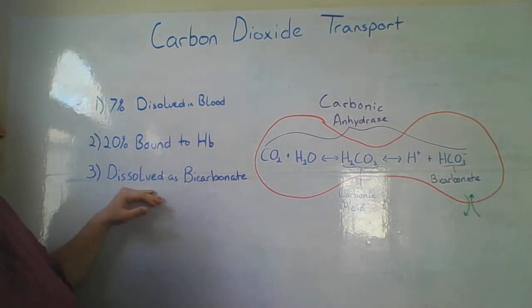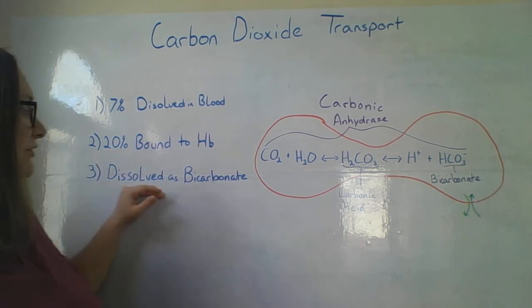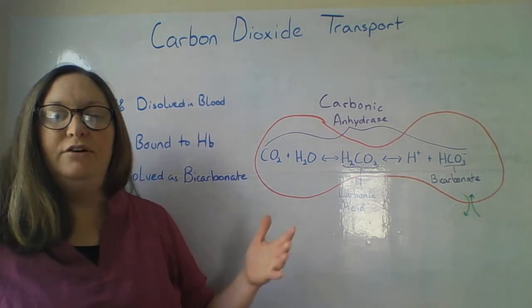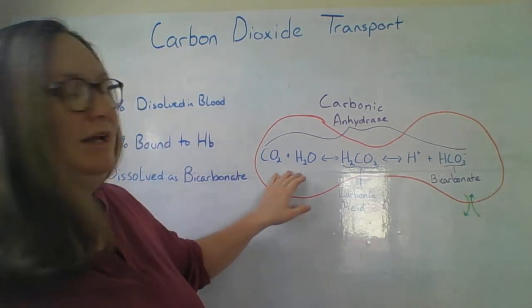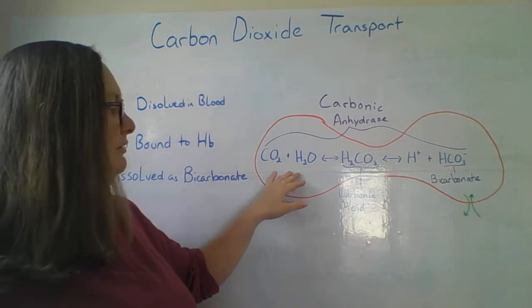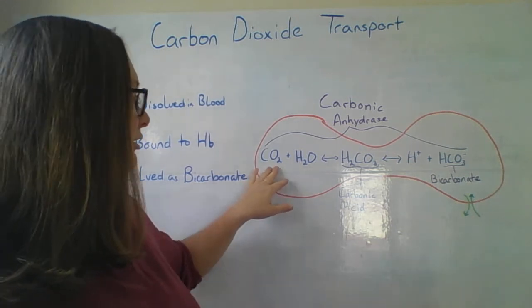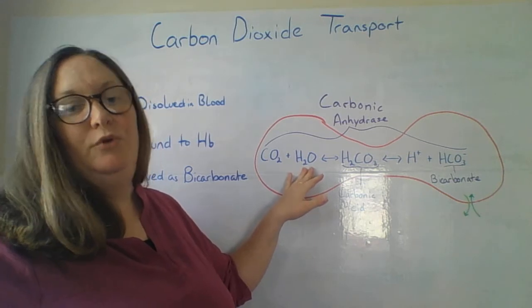All right, and 7%, 20%, so 70% travels dissolved as bicarbonate. What's bicarbonate? Remember that bicarbonate buffer equation back from Bio 141? So we have carbon dioxide and what is plasma? Mostly water, right?